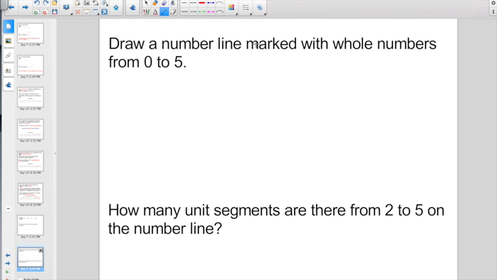Draw a number line marked with whole numbers from 0 to 5. So let's start off with our number line. Let's go and add some tick marks.